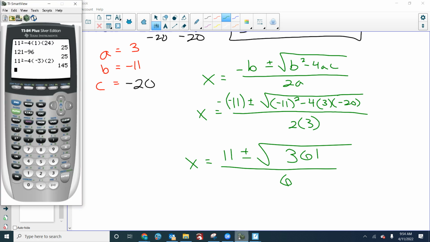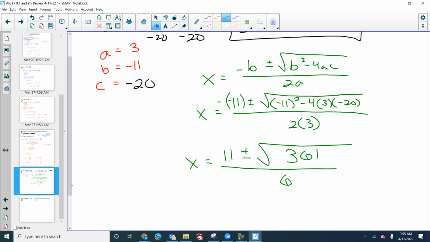And so I kind of double check the inside. You got to be extra careful here. Negative 11 parentheses squared minus 4 times 3 times negative 20. Are you using the negative symbol when you're typing in negative, not subtraction, but negatives? Yes. Double check, 361, good. What's the square root of 361? 19, beautiful.